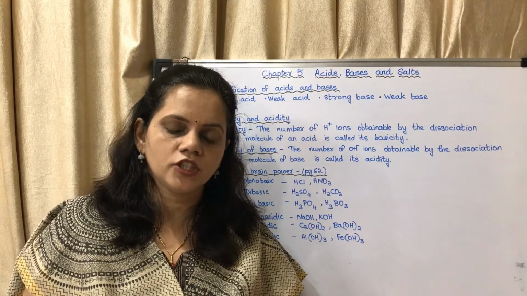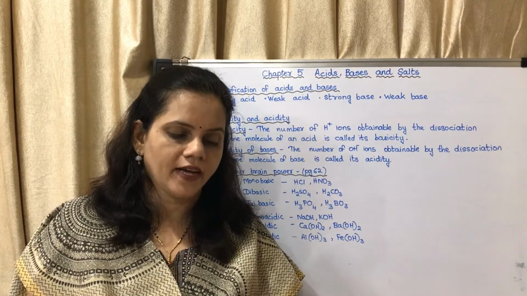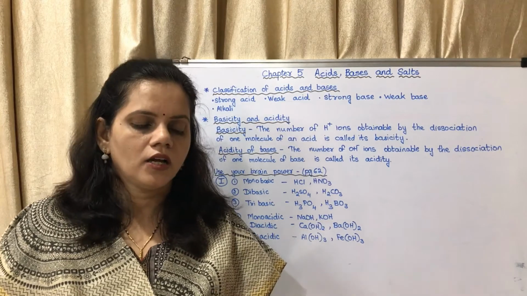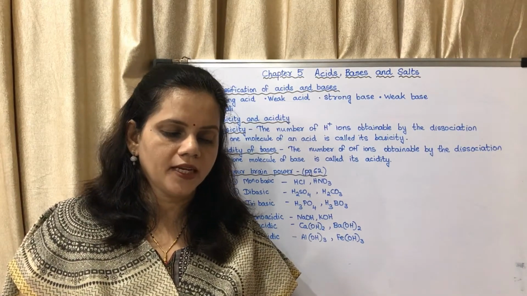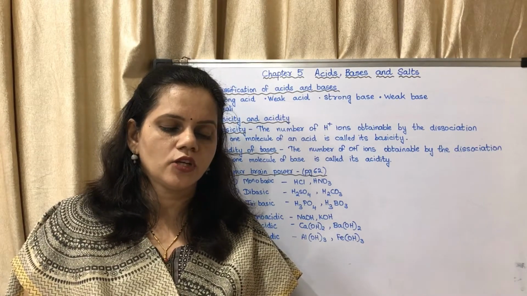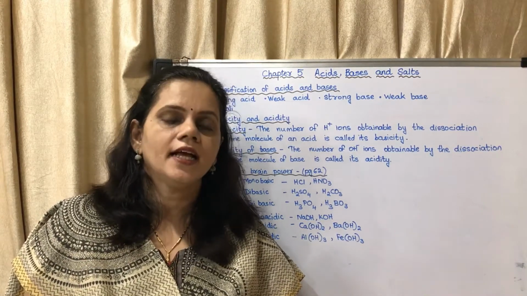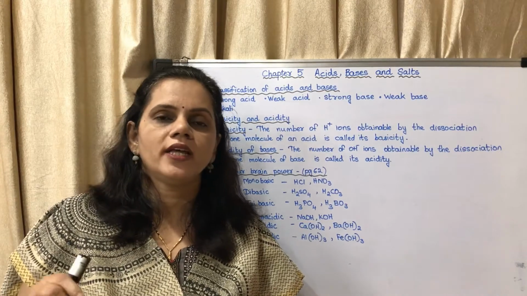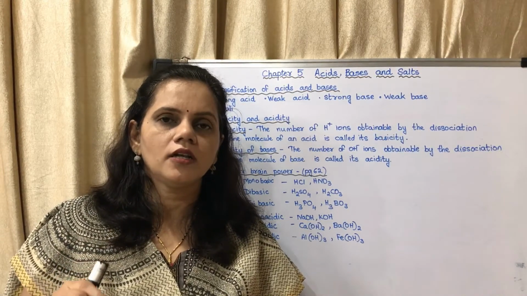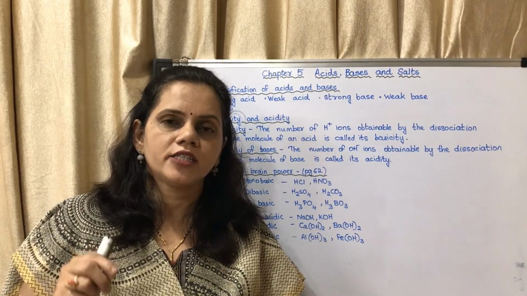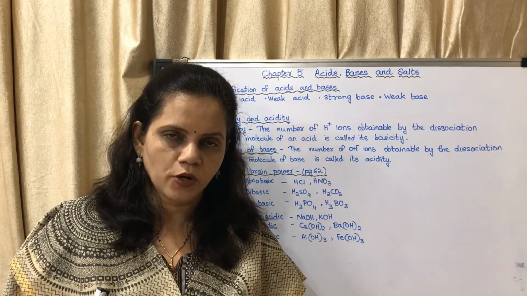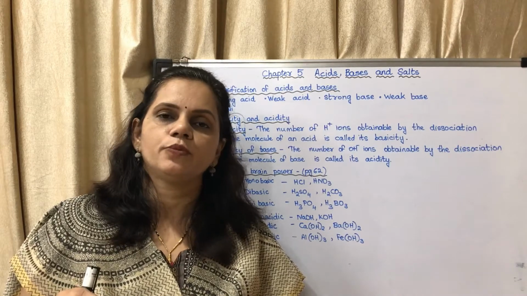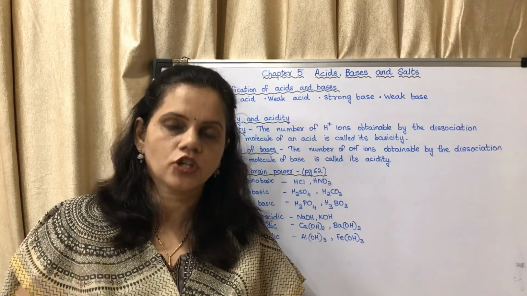Now we will see the definition in the textbook on page number 61. Strong acid: on dissolving in water, a strong acid dissociates almost completely and the resulting aqueous solution contains mainly H plus ions. So when an acid is dissolved in water, if it dissociates completely and forms the maximum number of H positive ions, then it is said to be a strong acid.